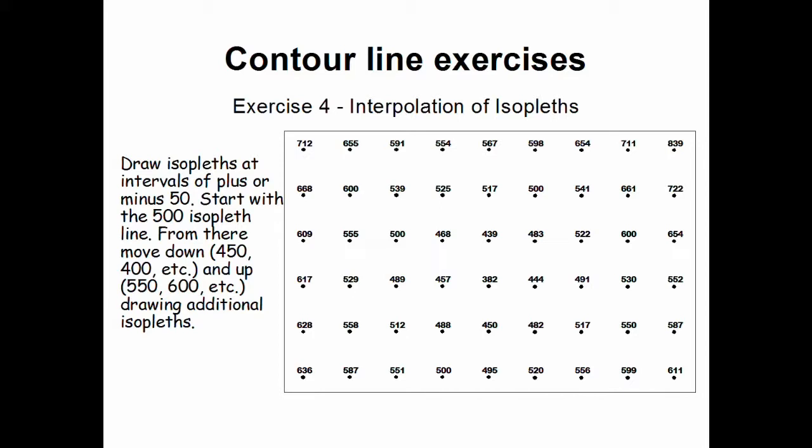Now your job will be to start with the 500 isoplus line, and from there move up and down to draw another isoplus or contour line at the values of 450, 400, and so forth. And then going up with values of 550 and 600.